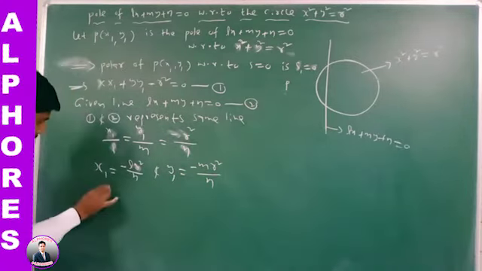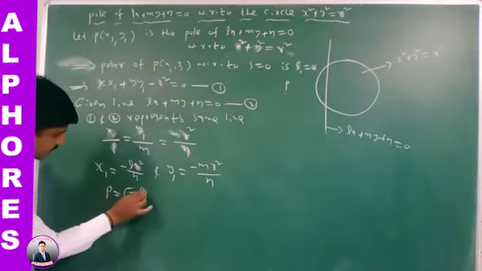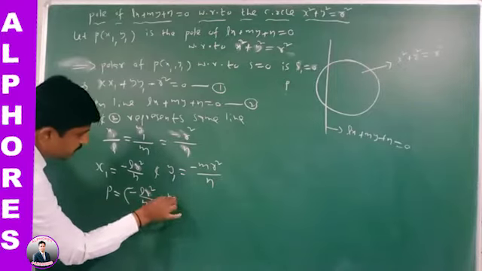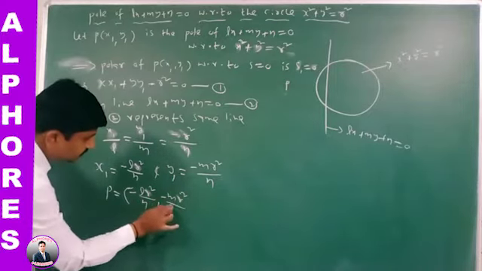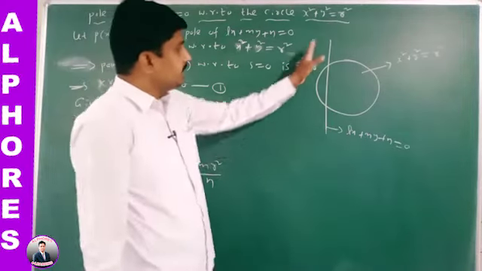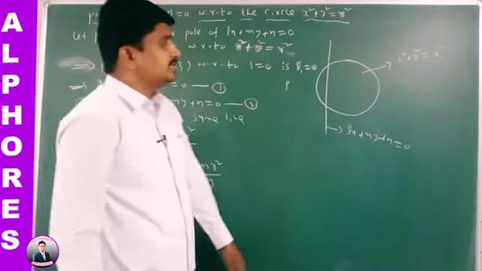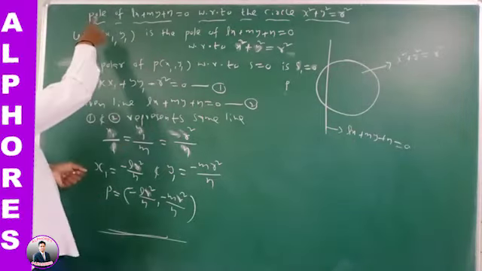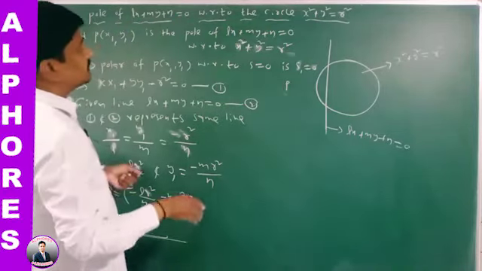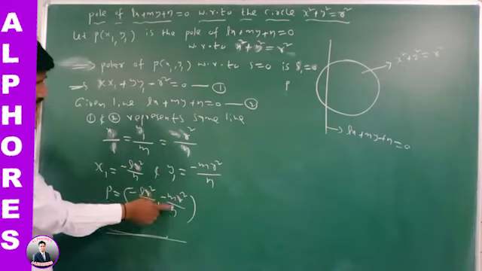Therefore the point P equals minus L r square by n, minus m r square by n. Here P is the pole of the line Lx plus My plus n equal to 0 with respect to a circle x square plus y square equal to r square, which is minus L r square by n comma minus m r square by n.